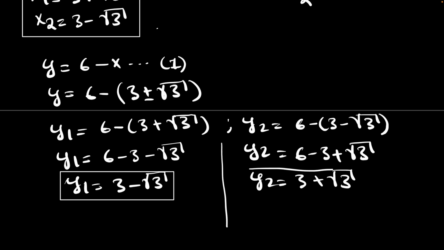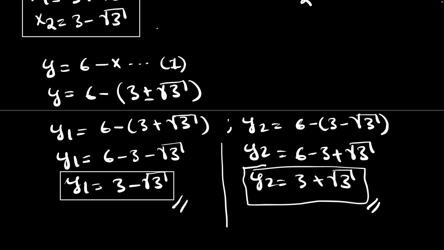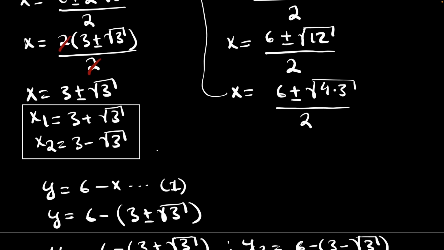So the values of y that we have are 3 plus the square root of 3 and 3 minus the square root of 3. These are the values of y that we got, and also these are the values of x that we got.